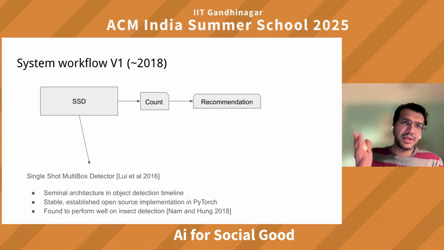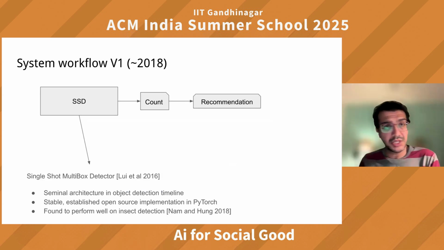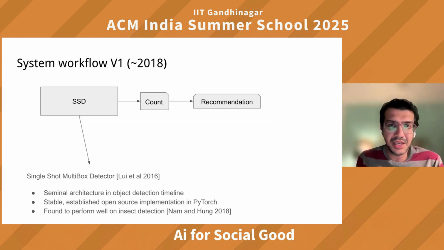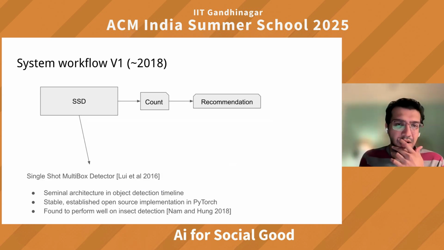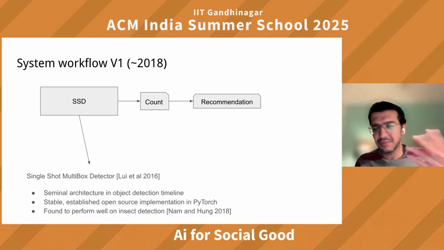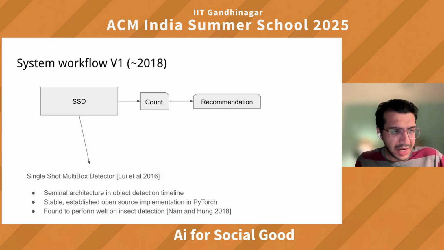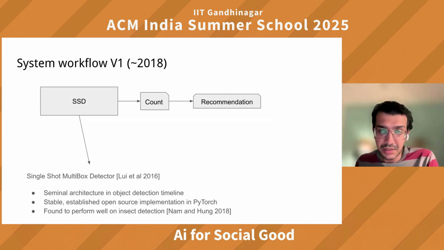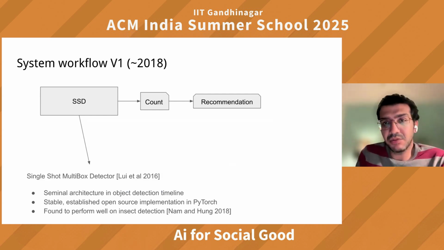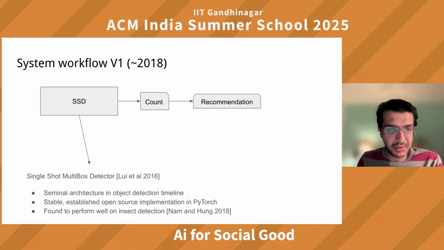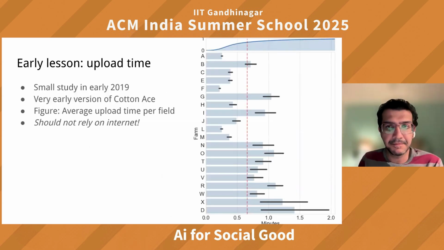So we started very simply, given that we didn't have too much data at the start. We used an SSD model. This is, at the time, quite standard and useful, and still is, I think, in a lot of useful settings. Get a count and get a recommendation out of it, right? Very simple, very straightforward. But we noticed something.